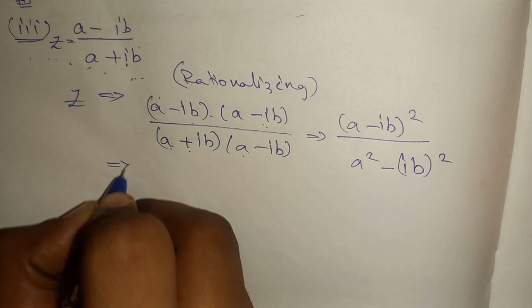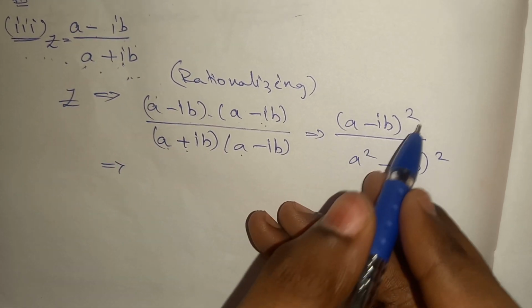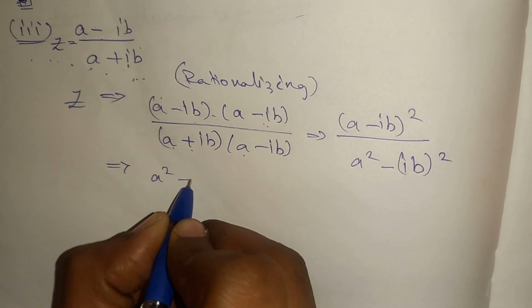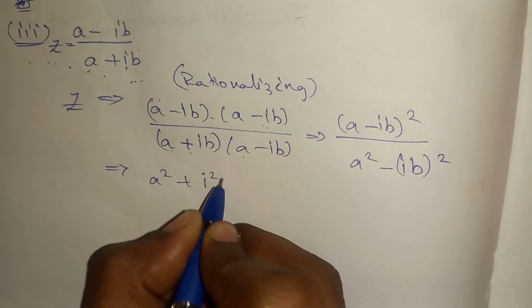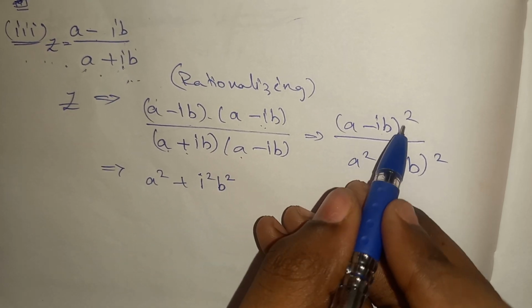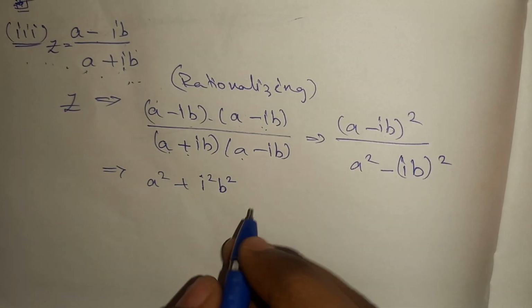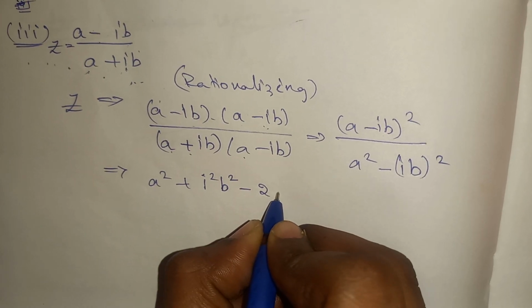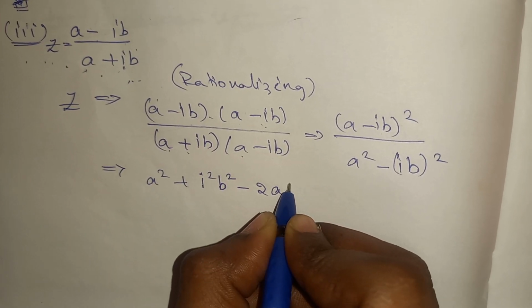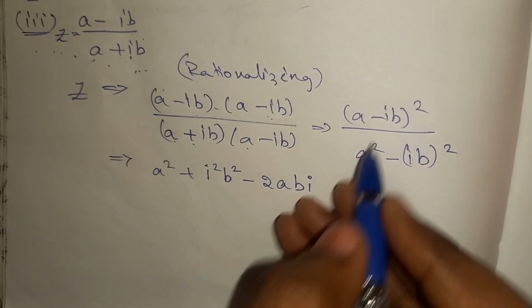Now this equals (a minus ib) whole square, which is nothing but a square plus (ib) whole square, which is i square b square, minus 2ab. Here b is ib, no?